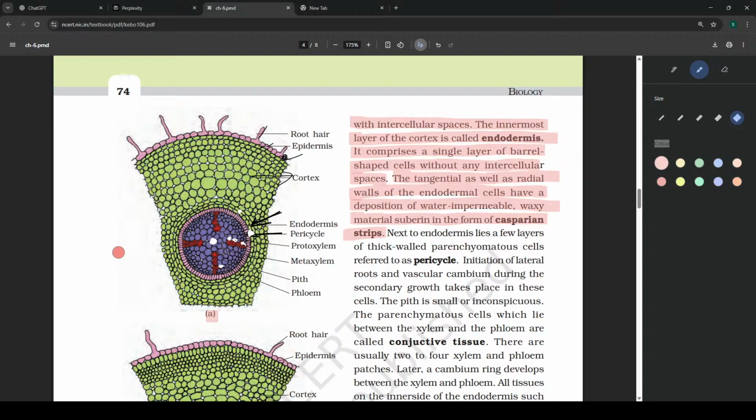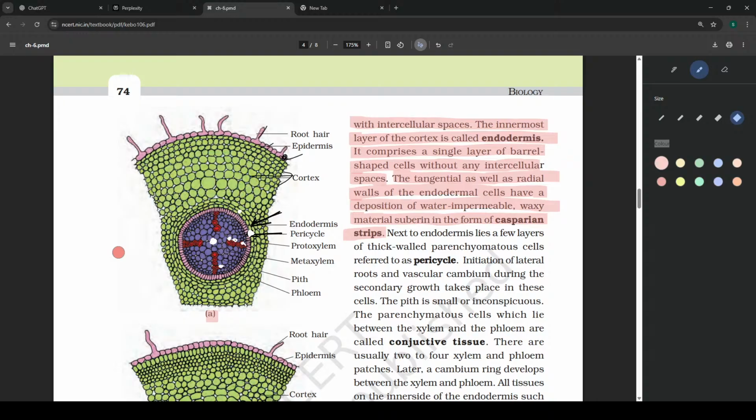If there is a question which cells contain the waxy layer suberin deposition and form Casparian strips, it is the endodermal cells.